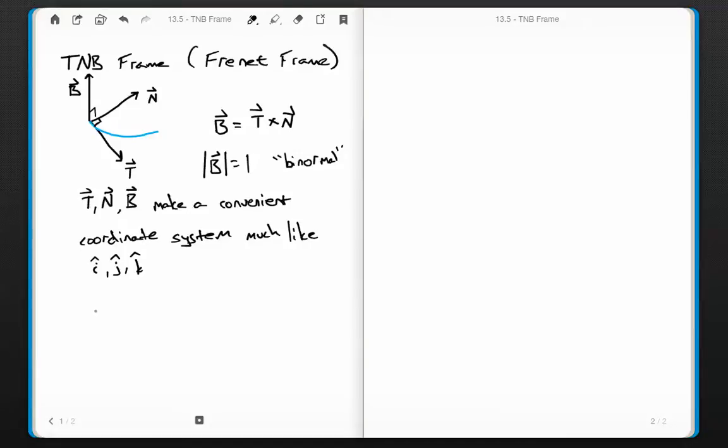We can use the fact that T, N, and B make this coordinate system to break the acceleration vector into components. So instead of breaking it into I, J, and K, we're going to say, start with tangential because T, N, and B go in that order.